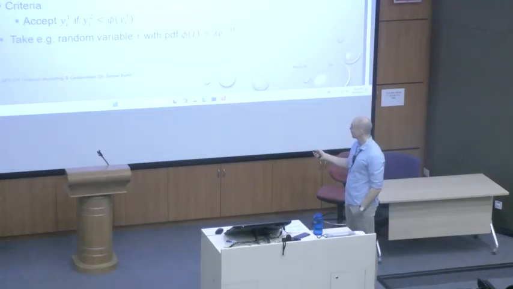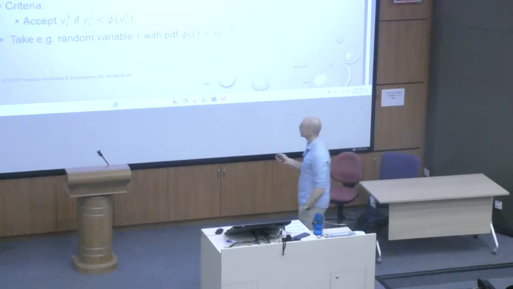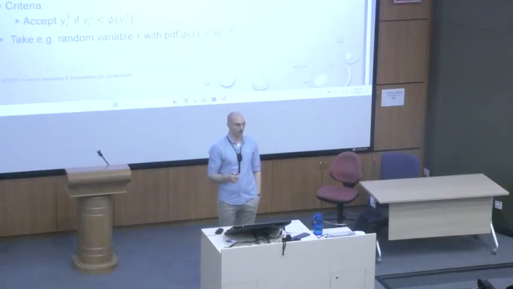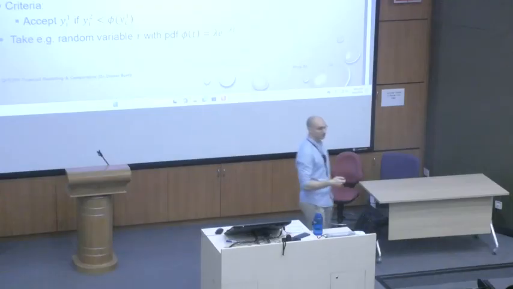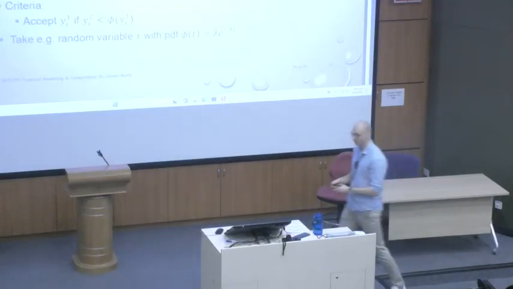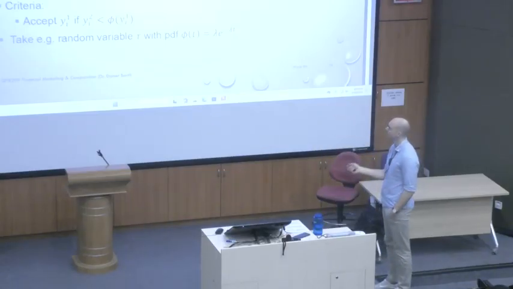In general, you have a density, whatever form, not this one. And what you do is, instead of generating one random variable, you generate two uniform random variables and throw some of them away. With the following algorithm, and I will maybe explain it and then show the next slide that will give you an intuition why it works.